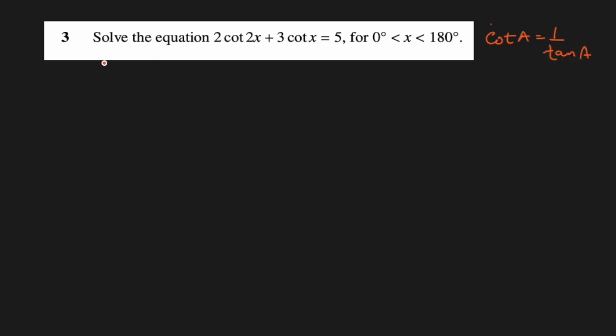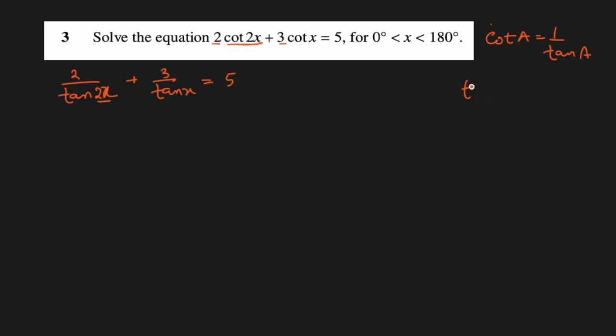Yeah, and that's what we will do here. Mind it, cot will become tan, not this 2. That means 2 will remain the numerator over tan 2x, right? Similarly, 3 will remain 3, so plus 3 over tan x and equal to 5. This is our equation, and somehow these two tans must be on numerator. So let's try to expand this.